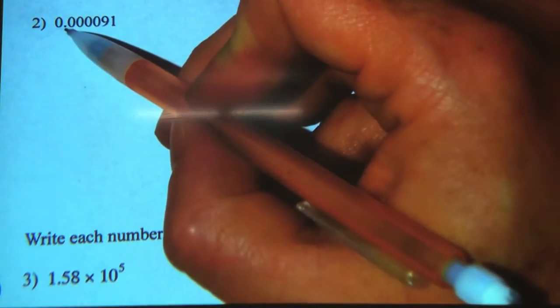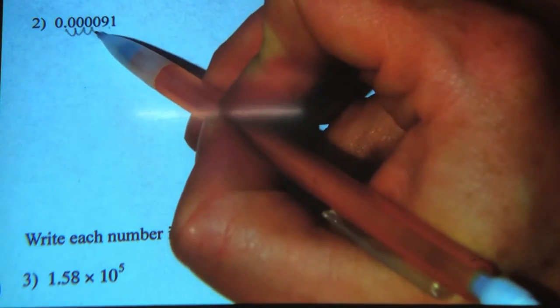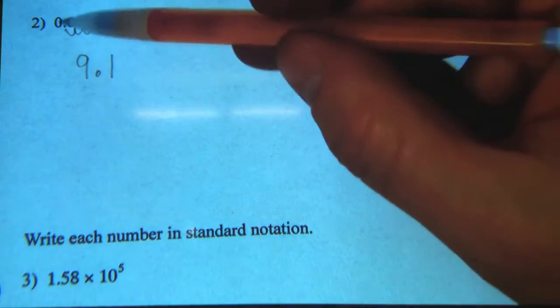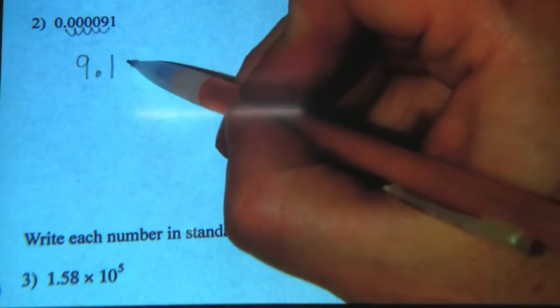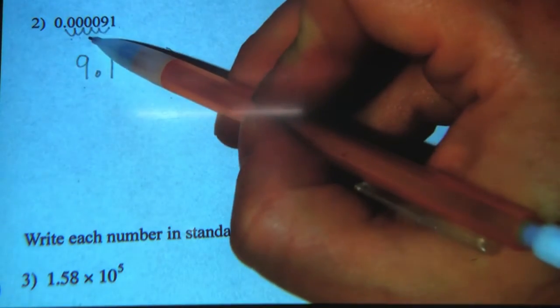The process is very similar. We're going to move this decimal until we have a value between 1 and 10. If I move it once, twice, 3 times, 4 times, 5 times, I have the number 9.1. But we want to make sure it has the same value, so we're going to multiply it by a power of 10. And the exponent is going to be 1, 2, 3, 4, 5.